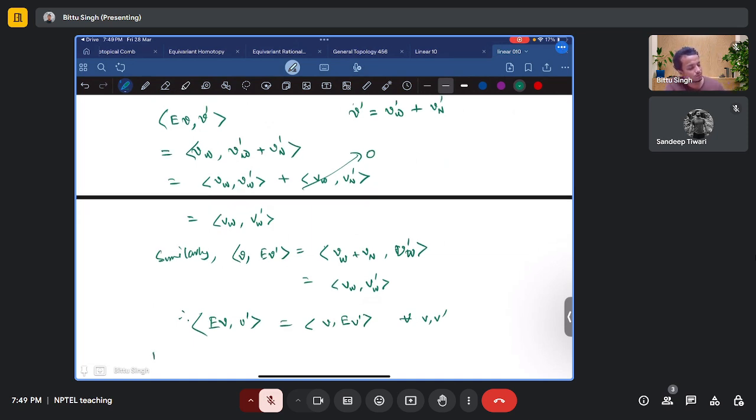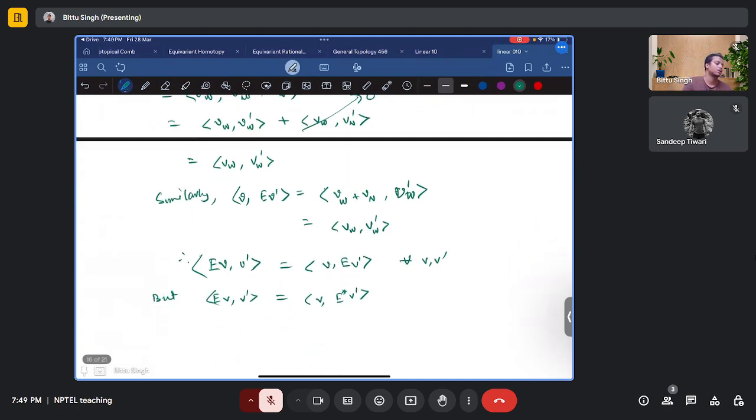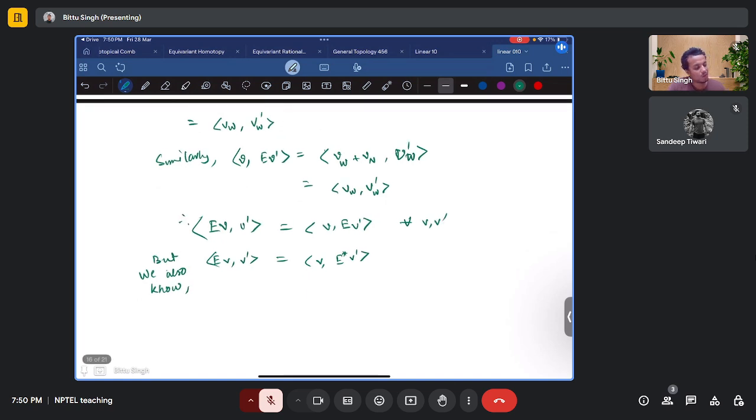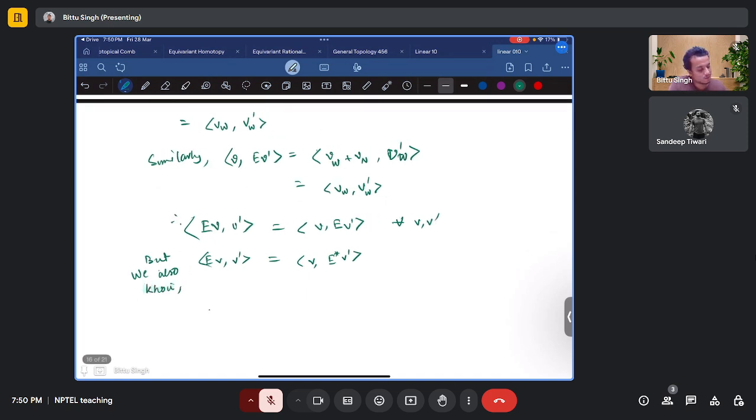But we also know EV comma V dash is the same as V comma E star V dash, right? We also know this. Therefore, comparing what we have, what will we get?